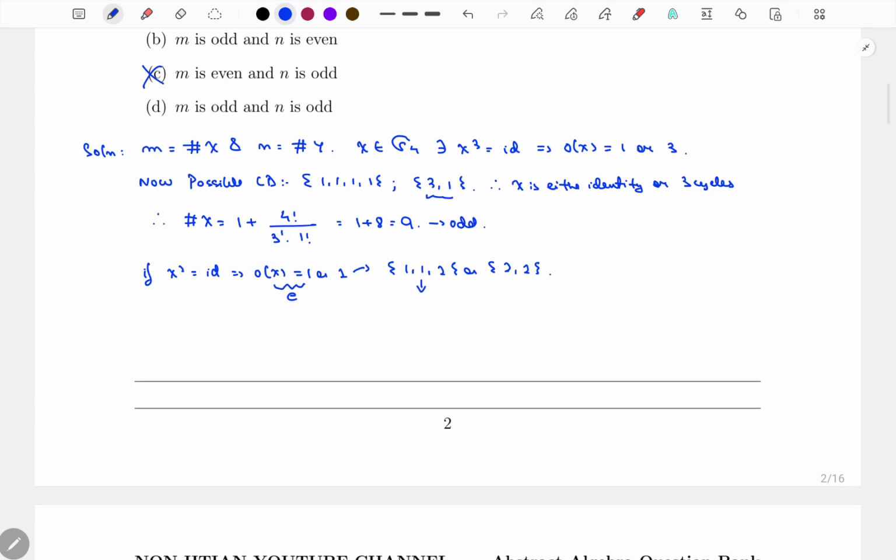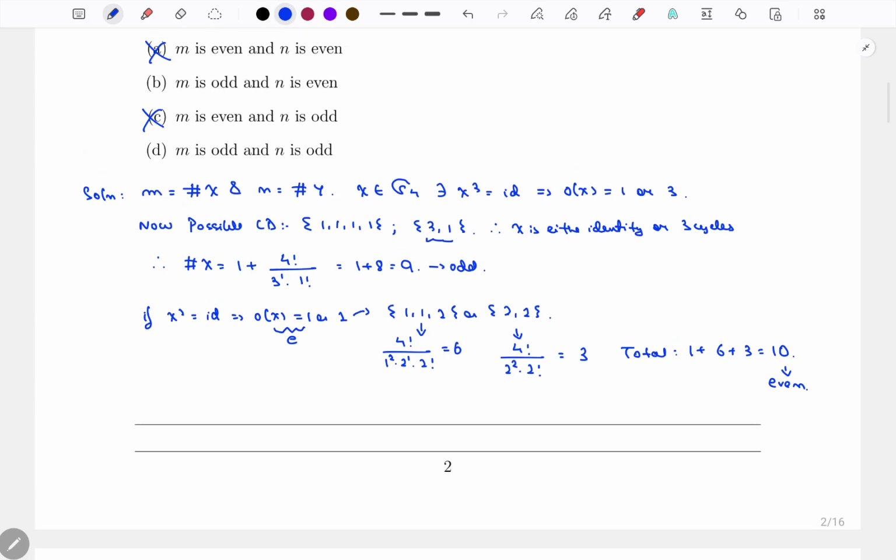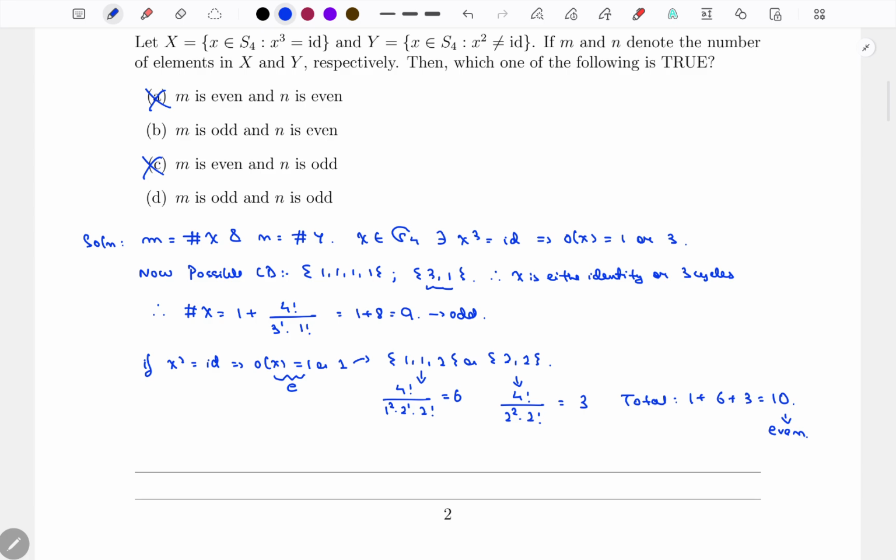The number of elements for the first is 4 factorial upon 1 squared into 2 to the power 1 into 2 factorial, so 4 factorial upon 4, which is 6, and the second is 4 factorial over 2 squared into 2 factorial, which is 3. So in total you get 1 for the identity plus 6 plus 3, which is 10. Therefore n is even.